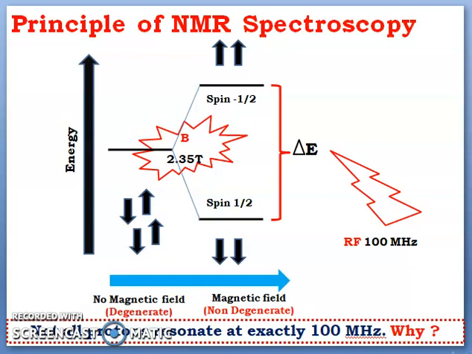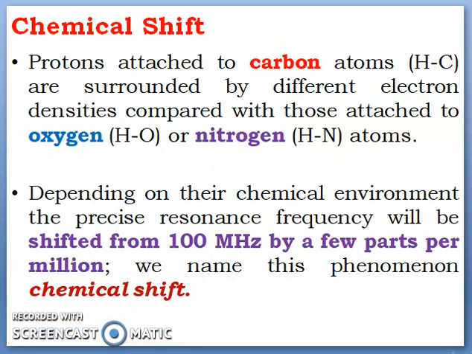But not all the protons resonate at exactly 100 megahertz. That is due to the chemical shift, because protons attached to carbon atoms are surrounded by different electron densities when compared with those of protons attached to oxygen or nitrogen atoms.